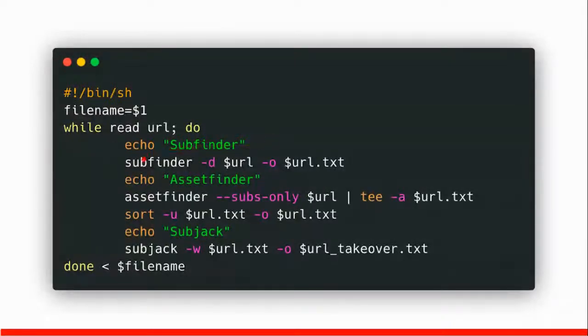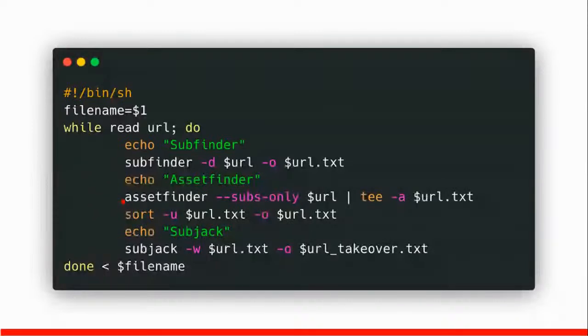Then the next part is we are using the subfinder tool to enumerate subdomains. Subfinder -d $URL. To access this URL variable, we use the dollar sign, and we store the output in a file called $url.txt. So we'll be getting subdomains from subfinder. Then the next part is assetfinder.